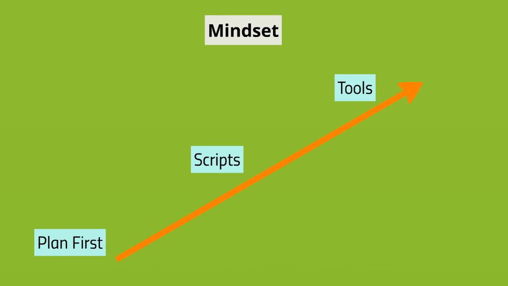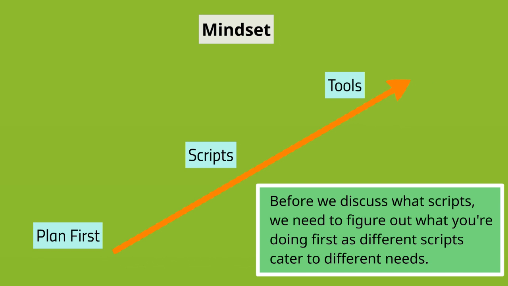Before we discuss what scripts to use, we really need to figure out what you're doing first, as different scripts cater to different needs. We could talk about AMember Pro, which is one script that I personally recommend, and that's something that I've used for literally the last decade and a half.